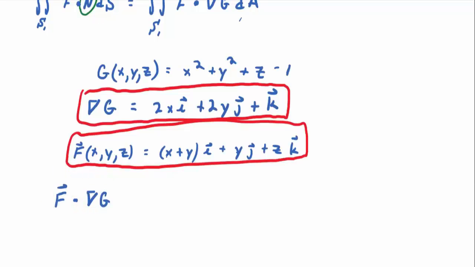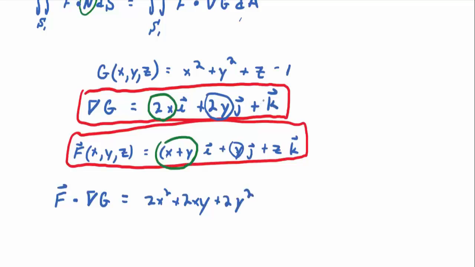So what is that going to be? Well, it's just a dot product, you guys. So 2x squared plus 2xy when we take the first components and multiply them together, right? See that? So I'm going to distribute the 2x and get 2x squared plus 2xy plus 2y squared plus z.